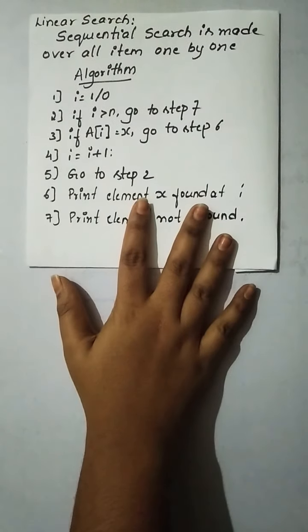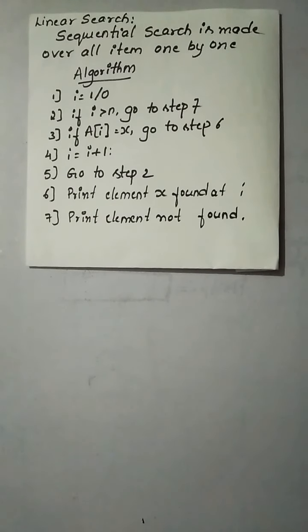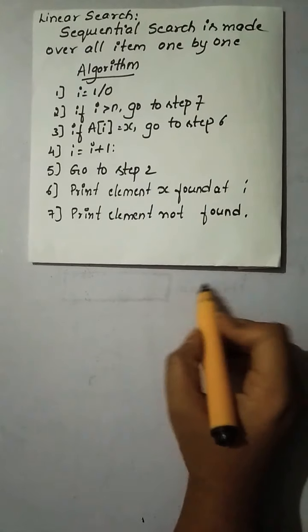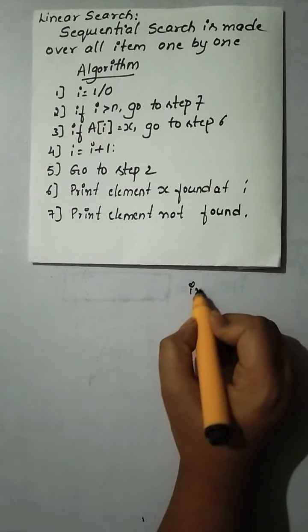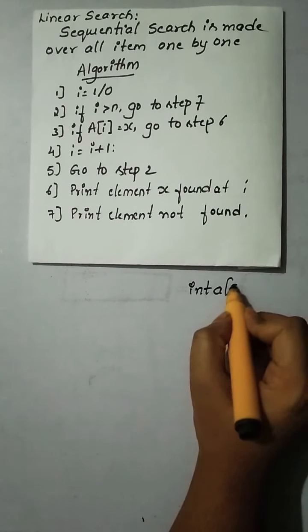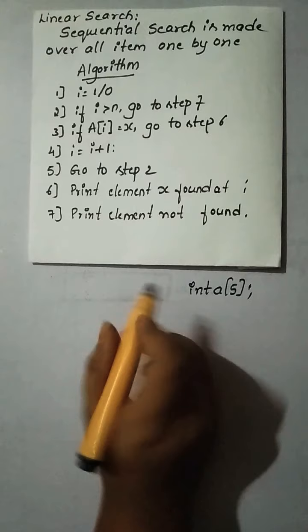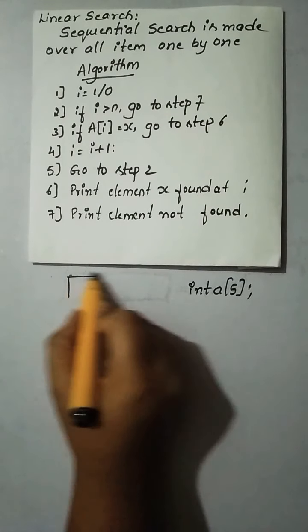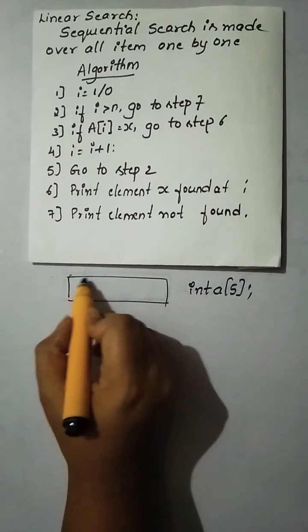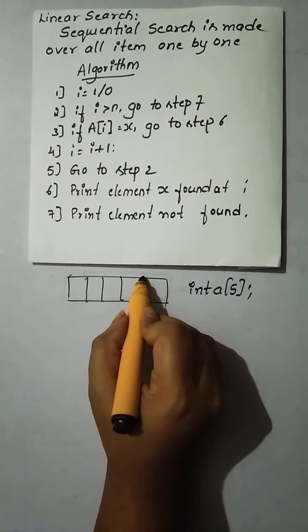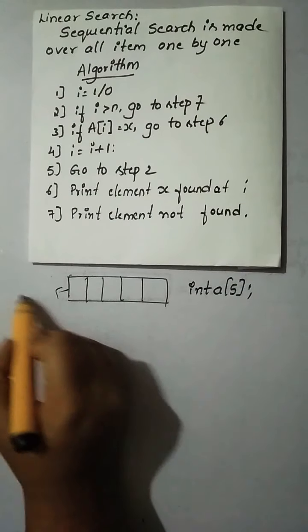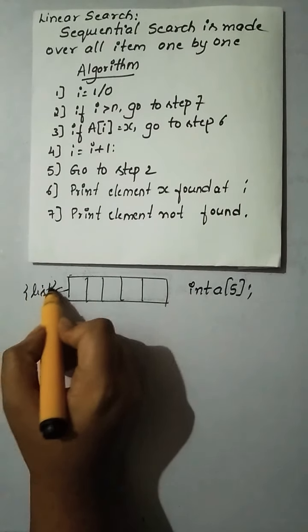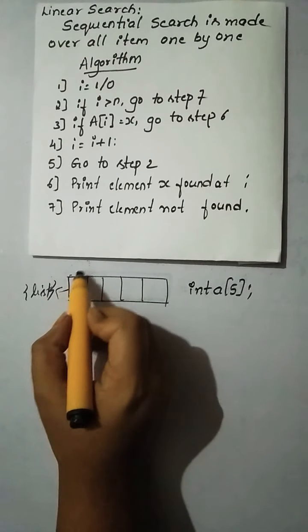Let's take an example: an array A of 5 elements.